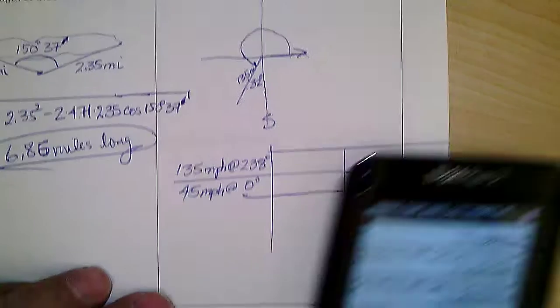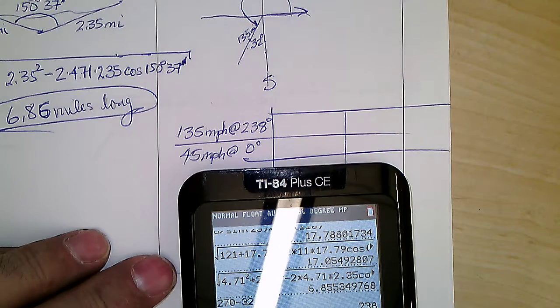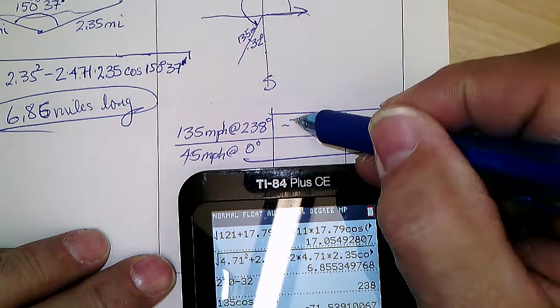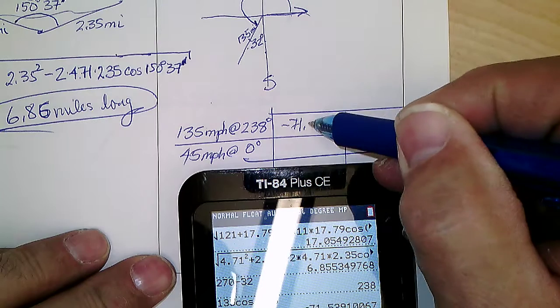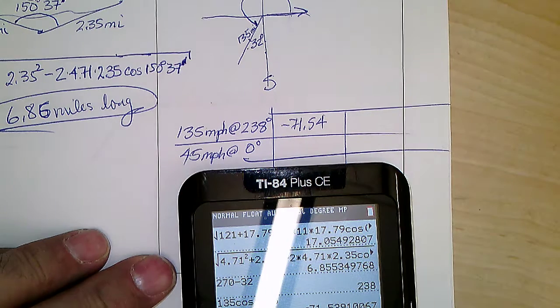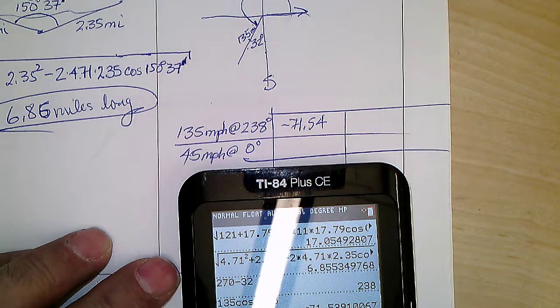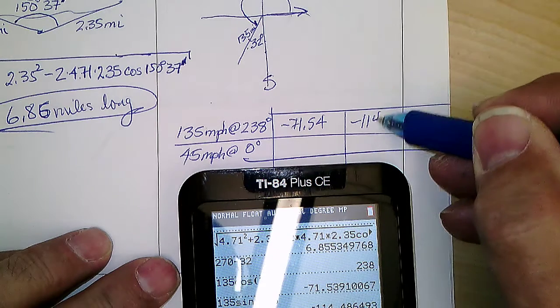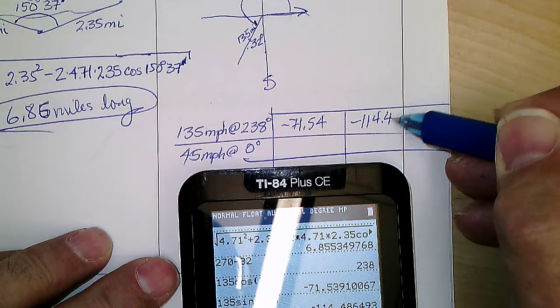So now, let's figure this out. We have to do 135 cosine 238, which is negative 71.54, and then the same thing with sine, negative 114.49.